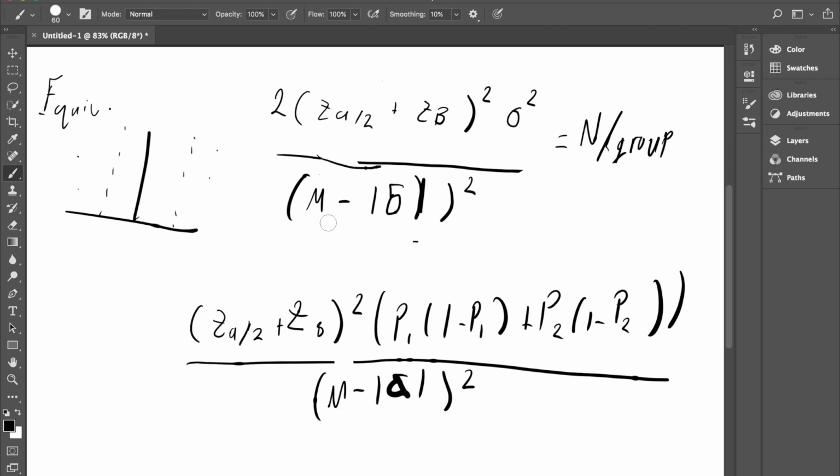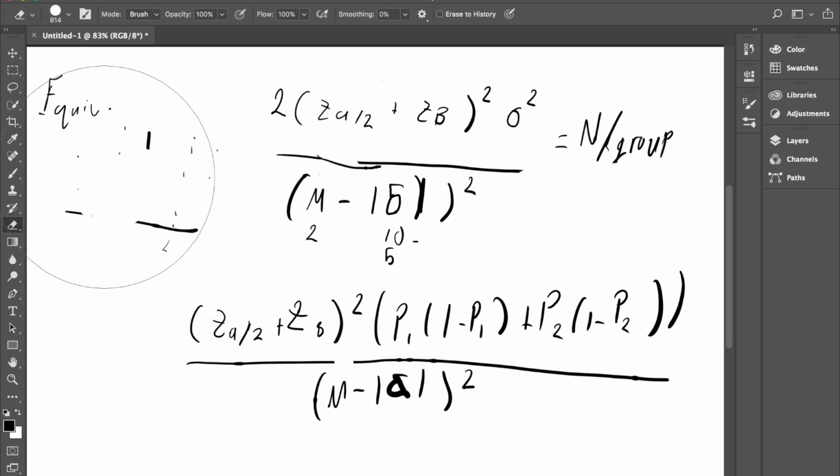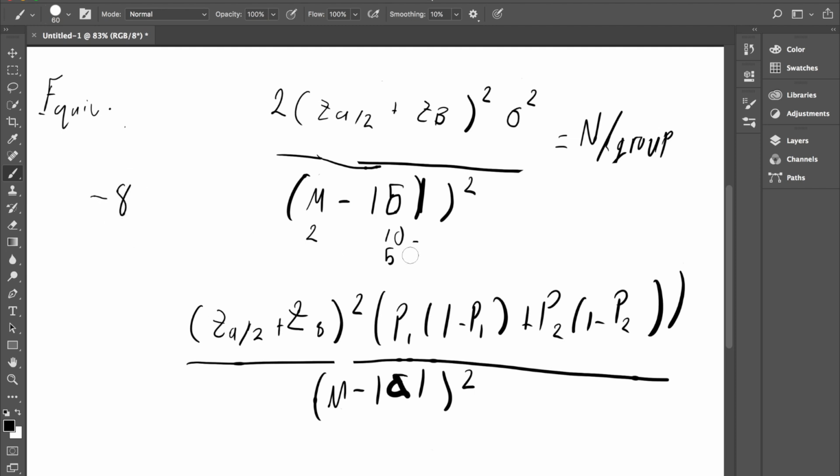But the relationship changes a little bit, right? Let's consider a margin again that we had at 2, and let's say we have our expected effect size at 10, and let's say we have an expected effect size at 5. So 2 minus 10 is going to give me minus 8. 2 minus 5 is going to give me minus 3, right?